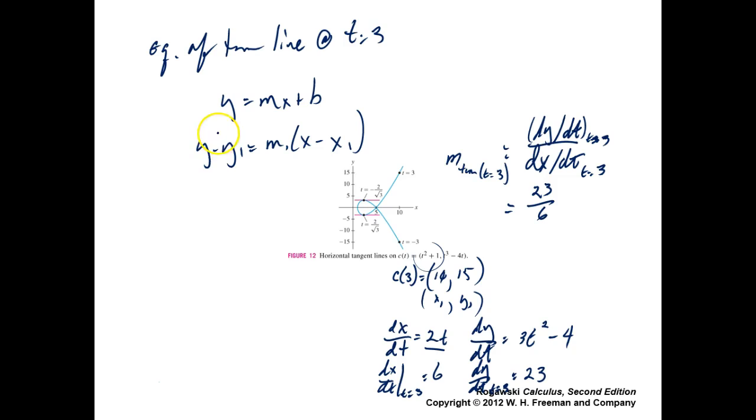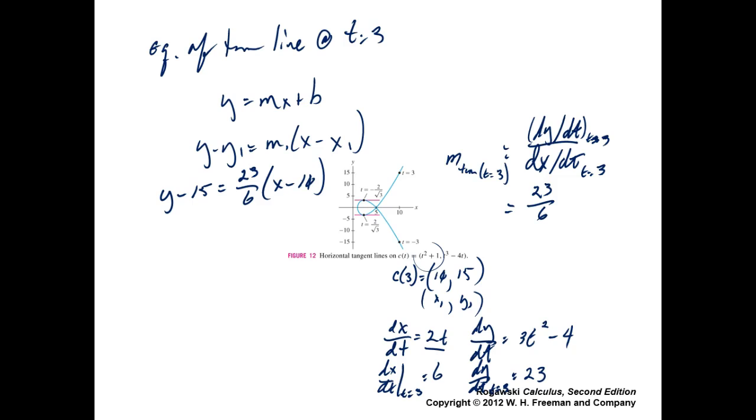So let's plug that into our formula here. y minus your y1, at t equal 3, that was 15, right? Is equal to the slope 23/6 times x minus x1, which was 10. Now we can probably clean that up a little bit.